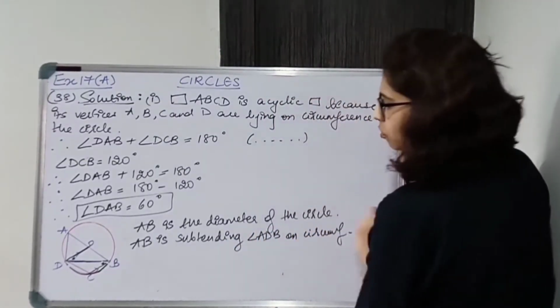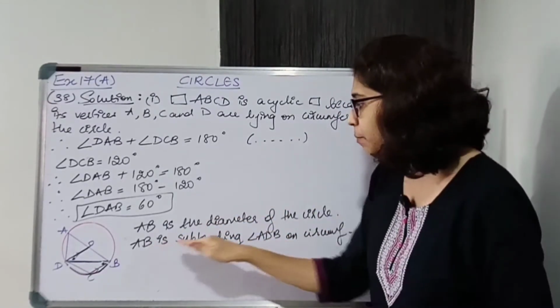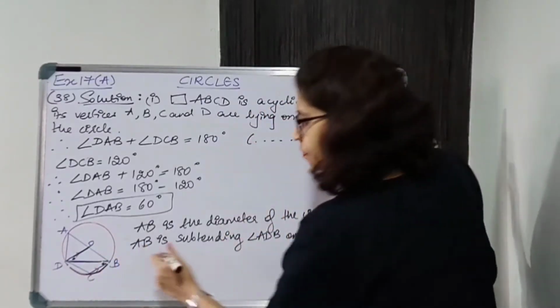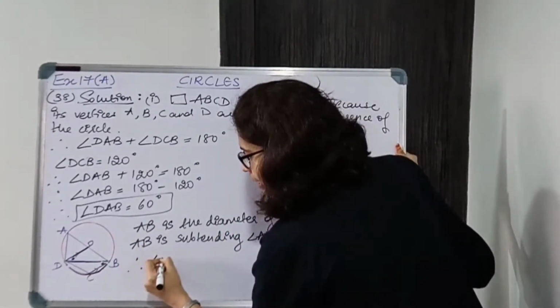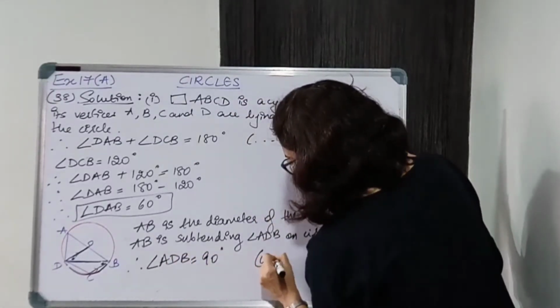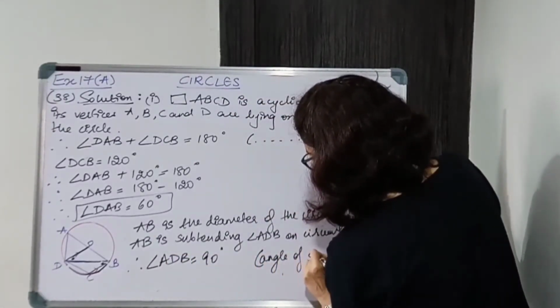Write down the full thing. AB is subtending angle ADB on the circumference of the circle. Therefore this angle ADB is 90 degrees. Angle of semicircle.